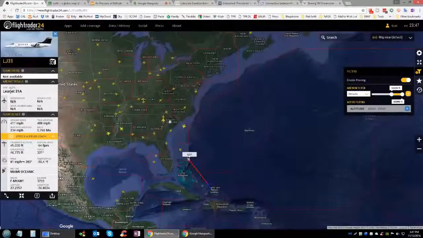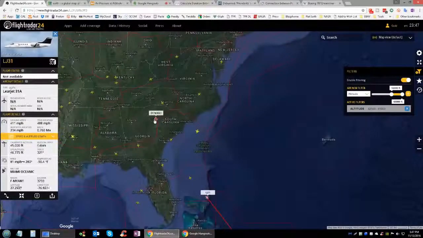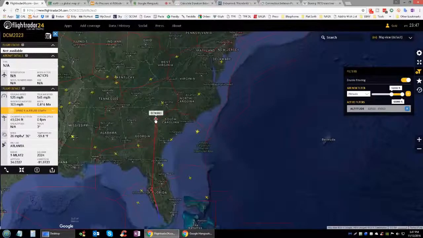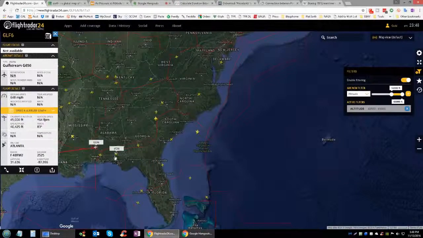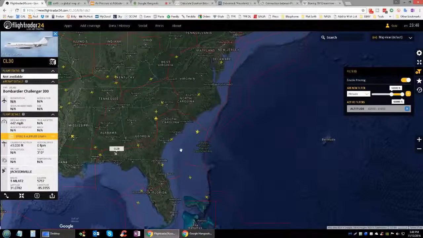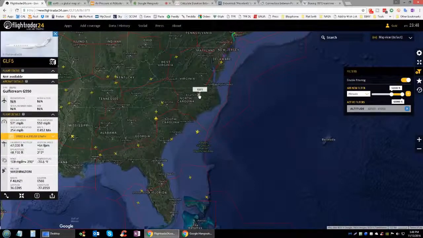Something I'm noticing, do private jets usually fly a lot higher than commercial? No, not the commercial. The private jets probably fly around that same height, but honestly, I've never flown a private jet. Like 43,000, 45,000, 47,000, moving at 571. That's crazy.